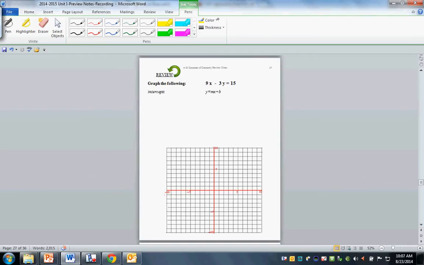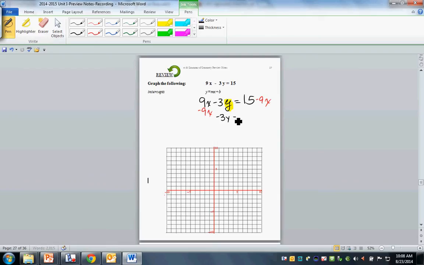There's two ways to do this. You could have used intercepts or changed it to y equals mx plus b. So right here, first I'm going to change it to y equals mx plus b. So I have 9x minus 3y equals 15. The goal is to get y by itself. So I'm going to start by minusing 9x.